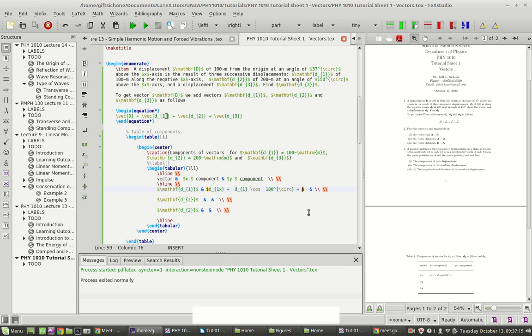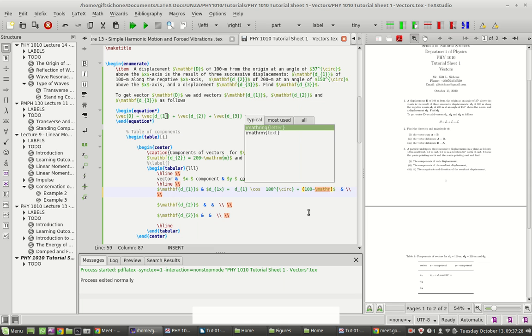So how much is d1? The size? What's the size of d1? Negative 100. The size of d1. I'm not asking about how much is d1. Why is it negative 100? Where is the negative coming from? I'm asking for the size of d1.